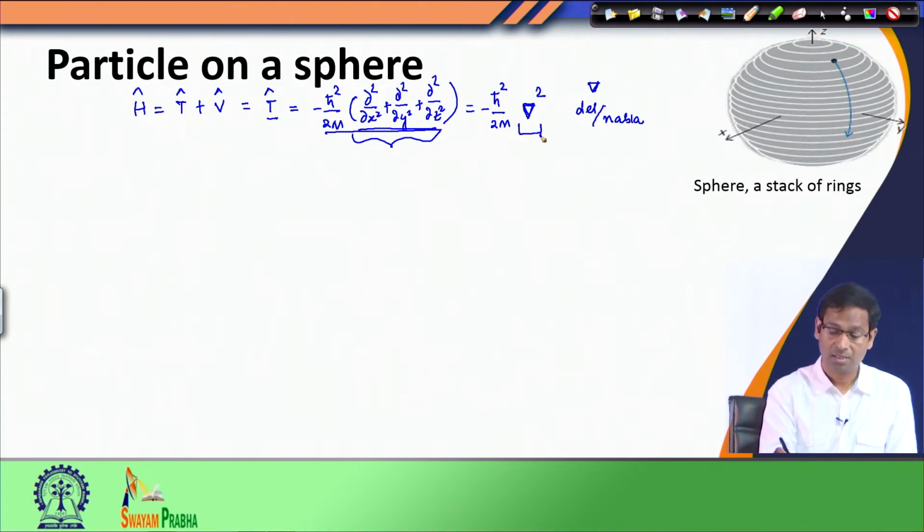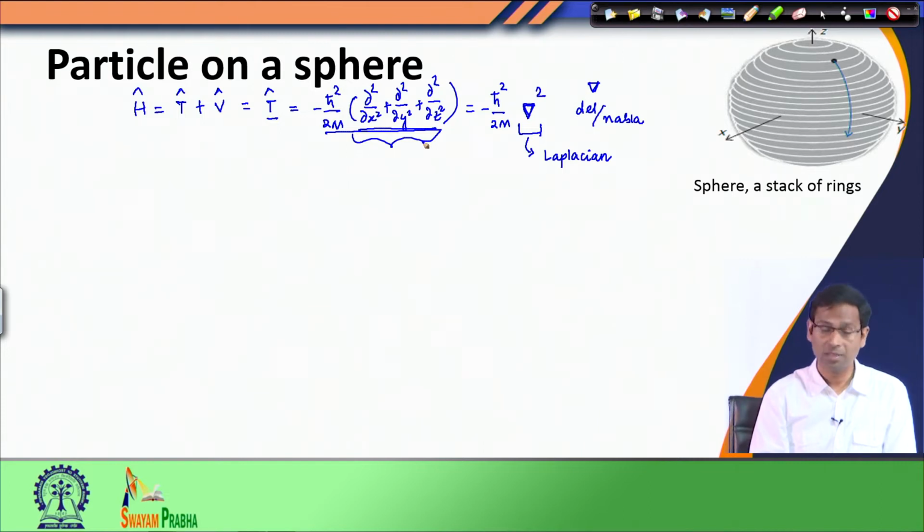Remember, this is actually an operator with second derivatives with respect to x, y and z. This operator is known as the Laplacian. So, the Laplacian in Cartesian coordinates is simply given by this term.